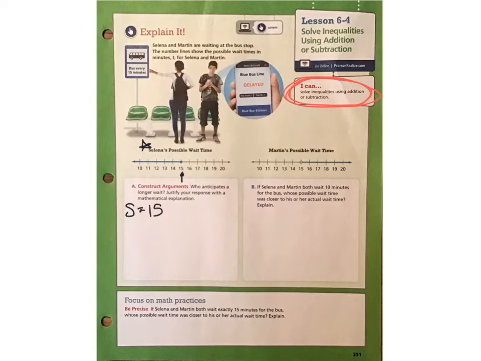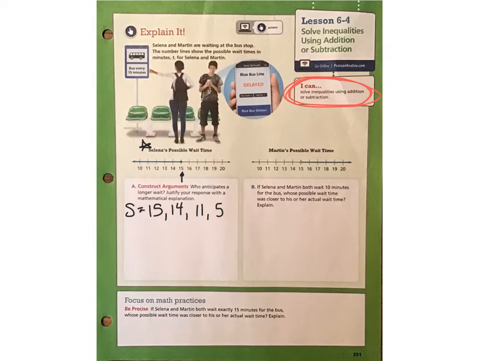But when you look at that number line, what other numbers also could be part of Selena's wait time? Well, if you consider the direction of the arrow and the shading on that number line, it travels to the left. So other numbers that are included would be numbers like 14 or 11 or even 5, which doesn't show up on the number line, but certainly if that arrow keeps on going to the left, you would run into that number.